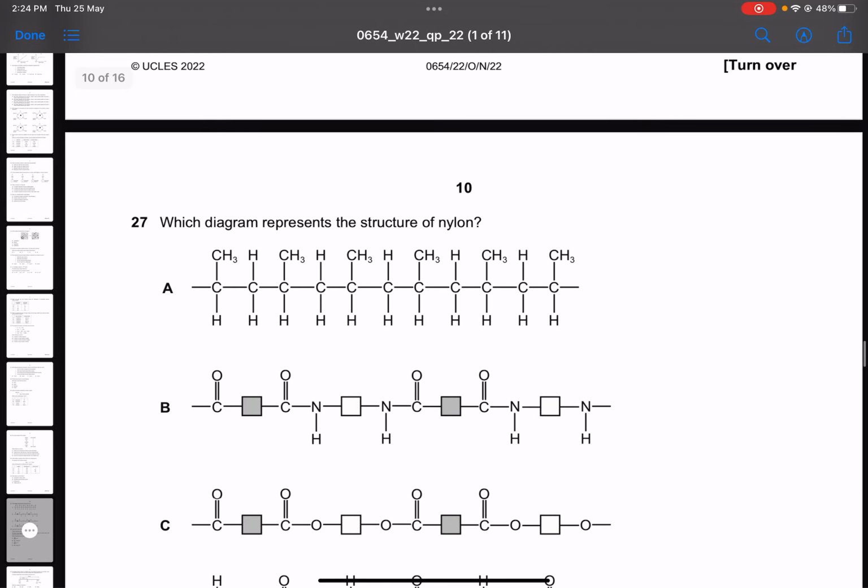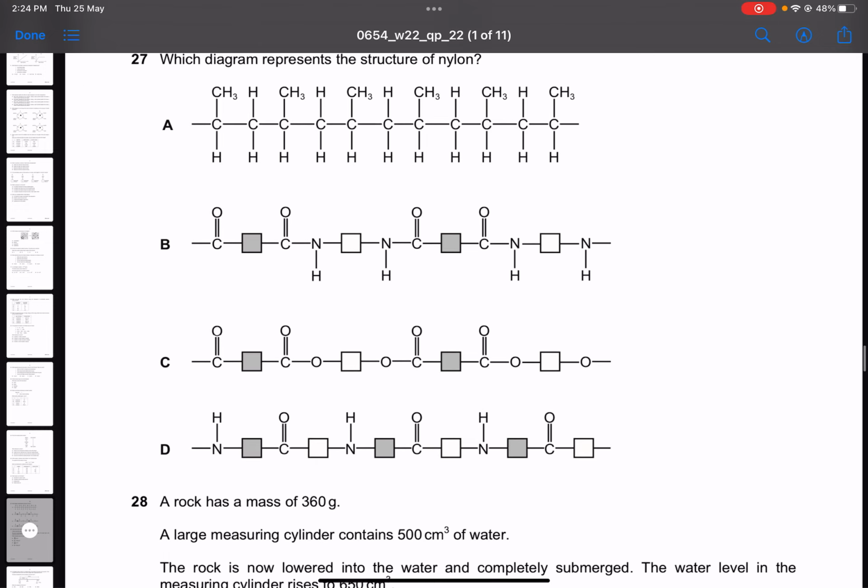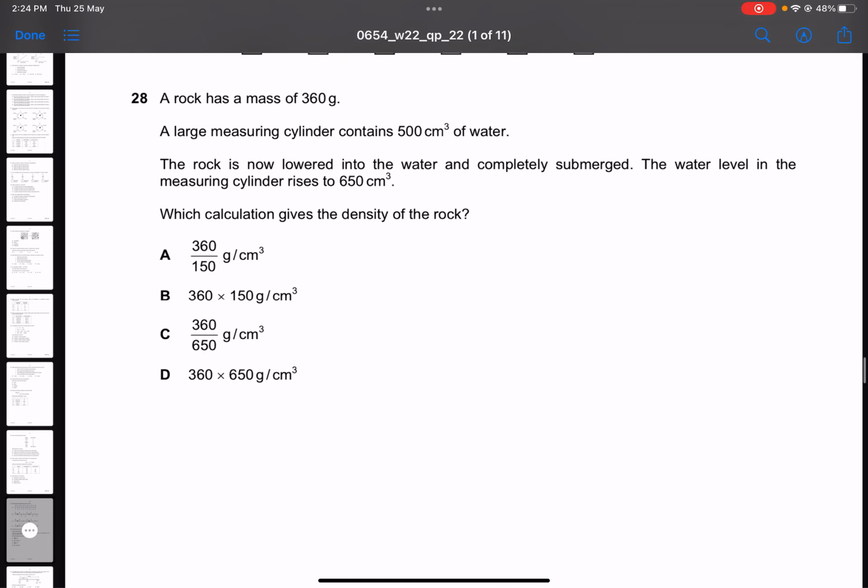Okay, 27 is included, it's going to be chemistry problems. And from 28 till the last question, which is 40, is going to be physics problems. So I'll be solving only physics problems. All right, let's get started.